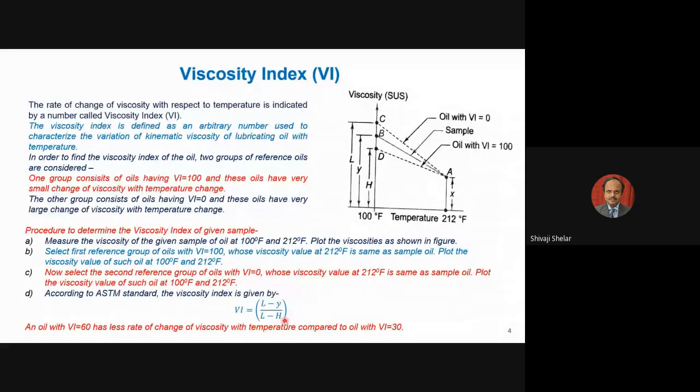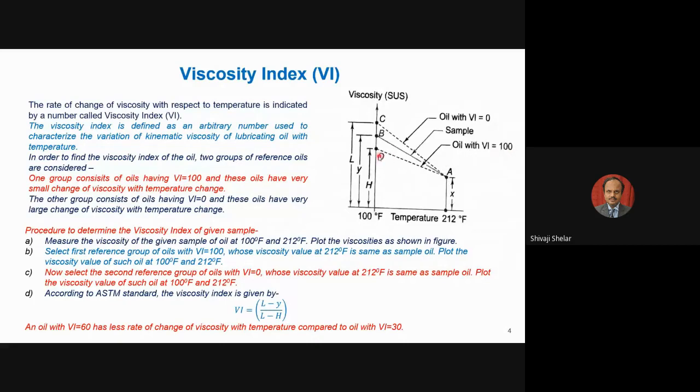So what is the correlation between viscosity index values? If I take an oil with viscosity index of 60 and compare with an oil of viscosity index 30, then the oil with viscosity index 60 has less rate of change of viscosity with temperature. You can see from this diagram, this AD line corresponds to viscosity index 100.